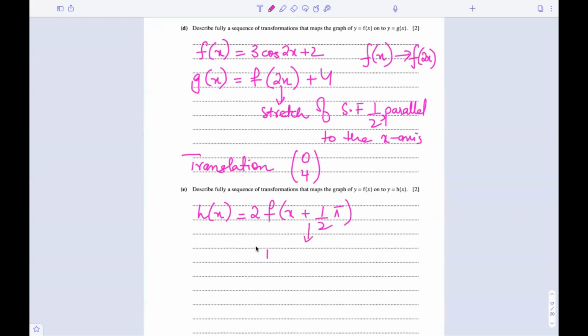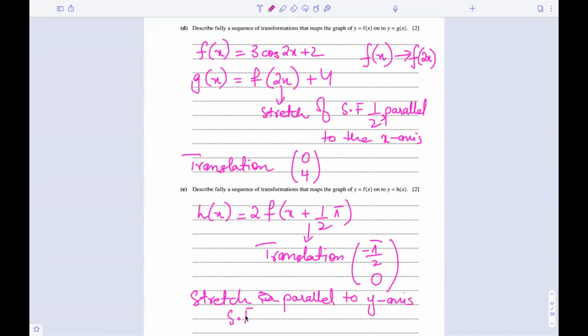So this represents a translation of negative half pi in the x direction and 0 units in the y direction. And this too represents a stretch. When the function is multiplied by any constant, it represents a stretch parallel to the y-axis, and the stretch factor would be 2.